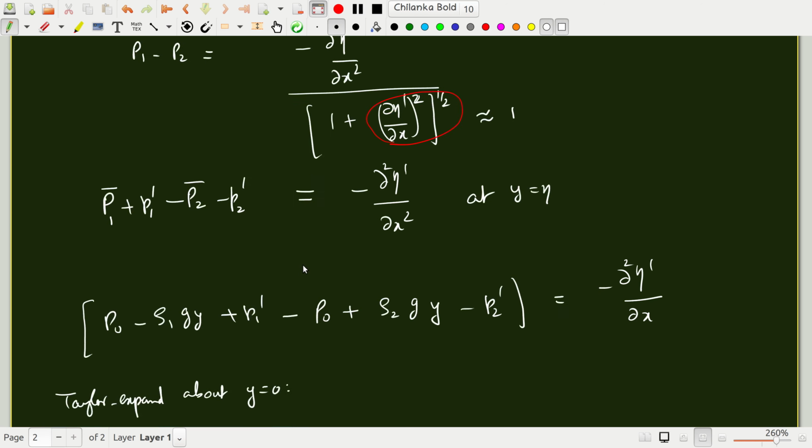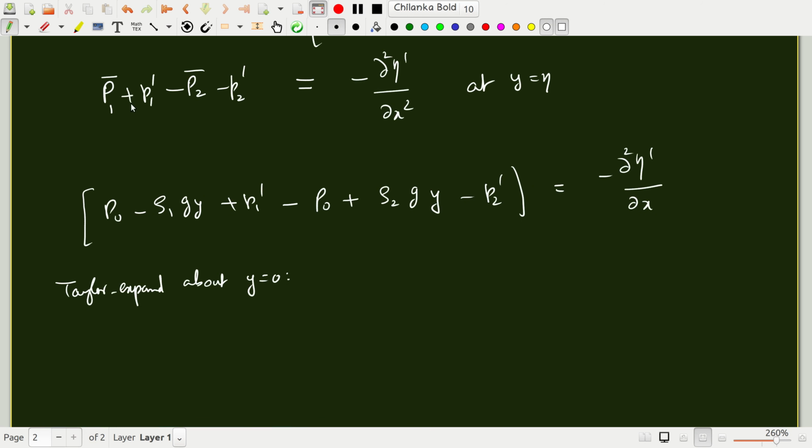I'm merely rewriting all the base state pressures. So let's cancel terms: P0 cancels with minus P0 and you are left with just this, and this is all at y is equal to eta.